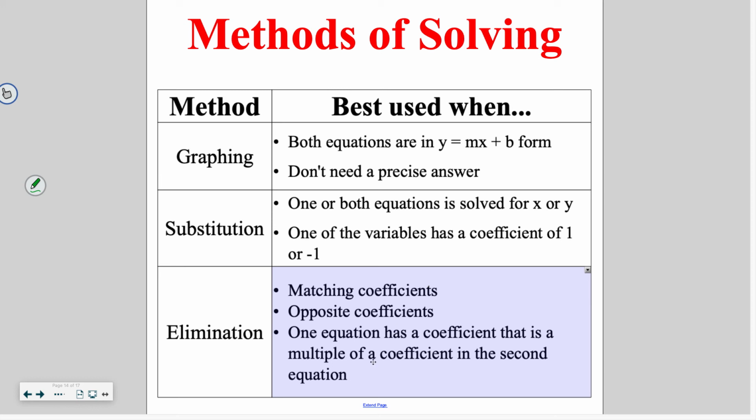Or if an equation has a coefficient that's a multiple of the other, so 6x and 3x, easy to multiply that second equation by a factor of 2 or negative 2, and then use elimination from there. So this is a general rule for when it is the best to use each of these. Ultimately, you can use any one to solve any problem. Some of them just set up easier than others.